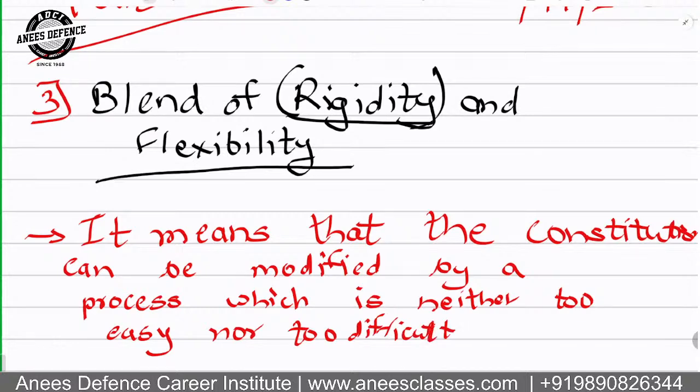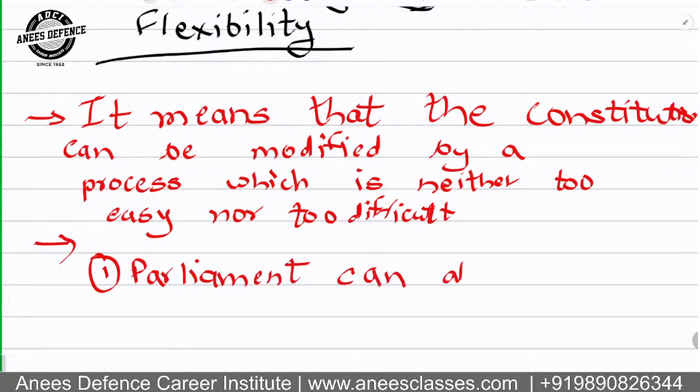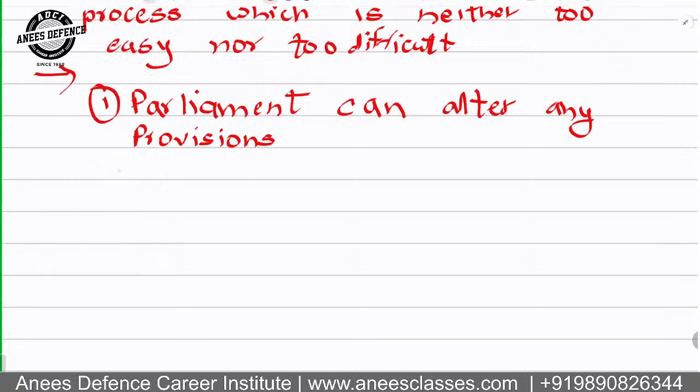Actually, in the Indian Constitution, there are basically three major types of amendment procedure. One type, the Parliament can alter any provision like an ordinary law.